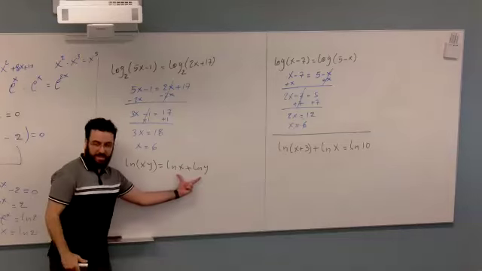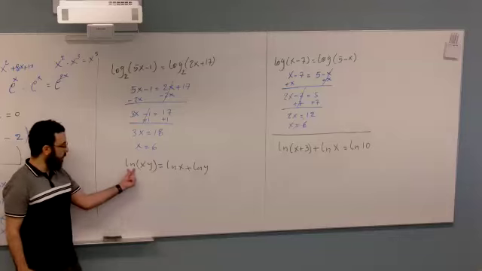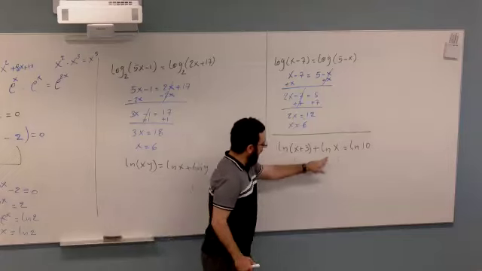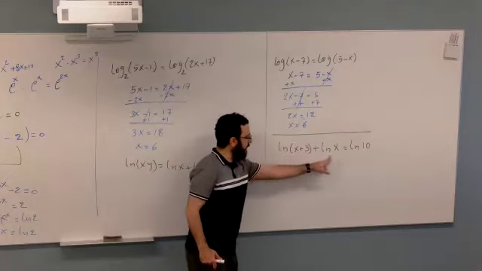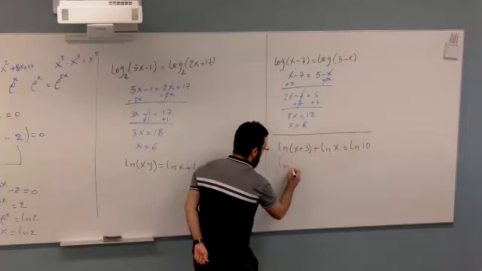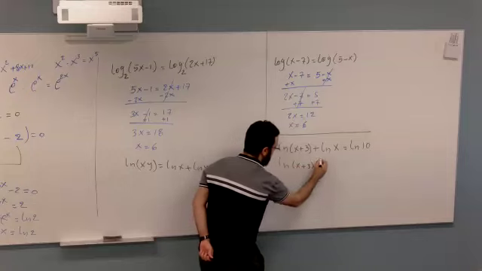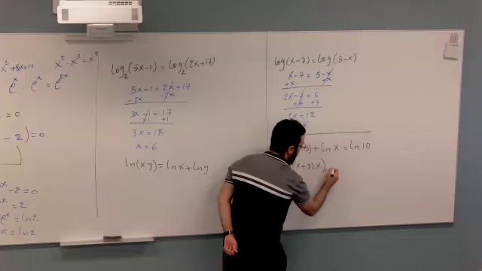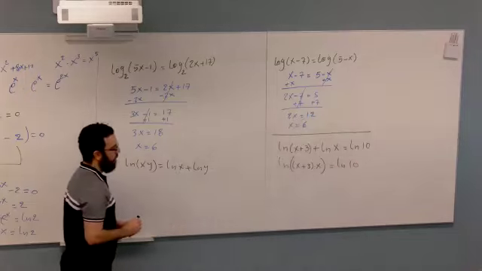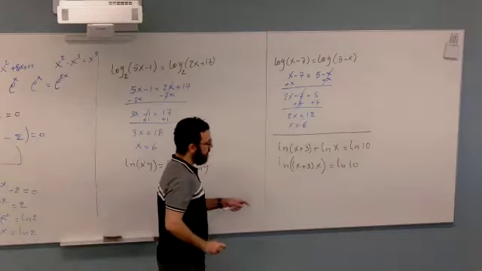I have this side, and I bring it back as a multiplication. And how many ln? 1. So I'm going to do the same thing with this side. I can say ln, this is the x and this is the y. I can put it together as ln of x plus 3 times x equal what? 10. That was the next step. You can distribute, you can foil, it doesn't matter.